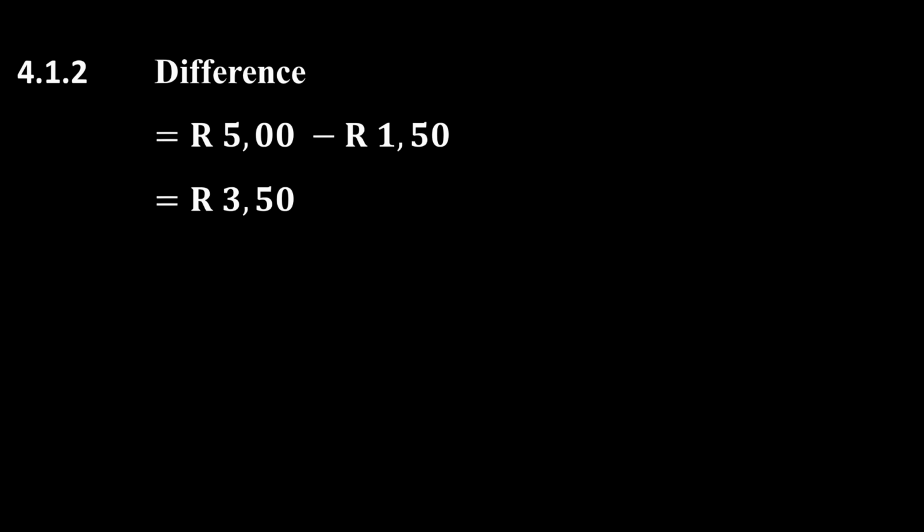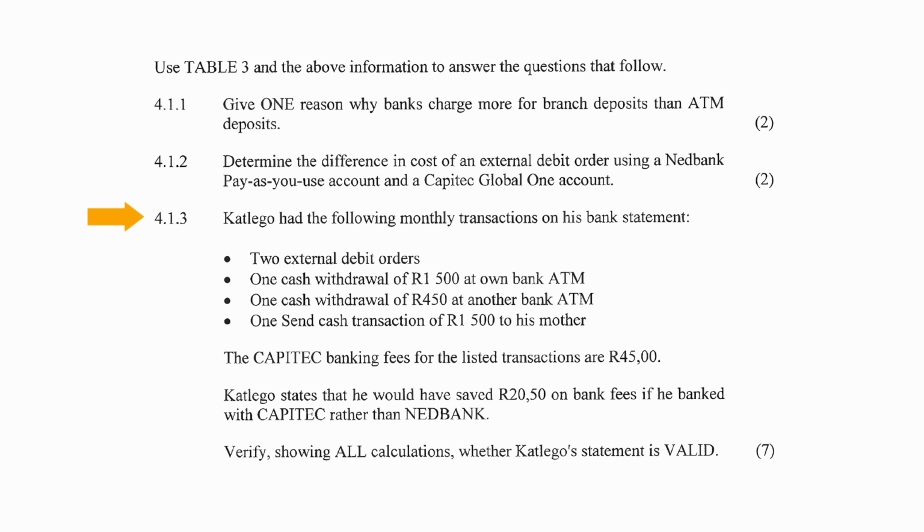In question 4.1.3, it is stated that Katlego had the following monthly transactions on his bank statement: 2 external debit orders, 1 cash withdrawal of 1,500 Rand at own bank ATM, 1 cash withdrawal of 450 Rand at another bank ATM, and 1 send cash transaction of 1,500 Rand to his mother.